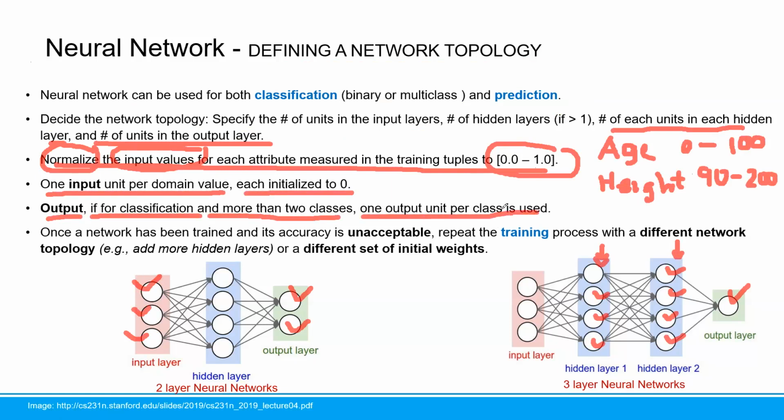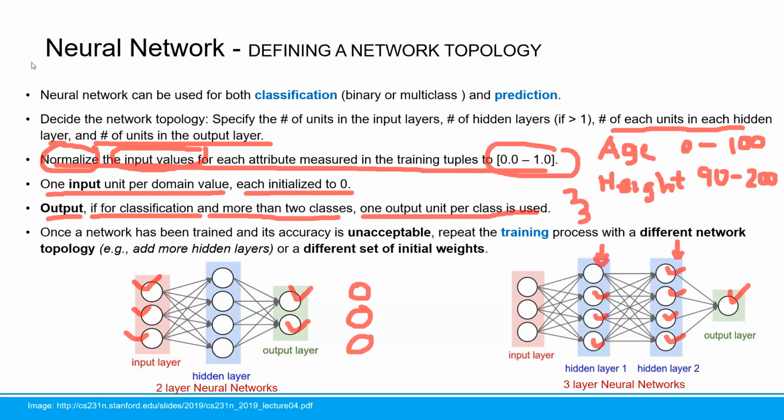So, for example, do you still remember the iris dataset? In the iris dataset, how many classes do we have? We have 3: iris setosa, iris versicolor, and iris virginica. So there are 3 classes. In that case, we can make 3 different units.